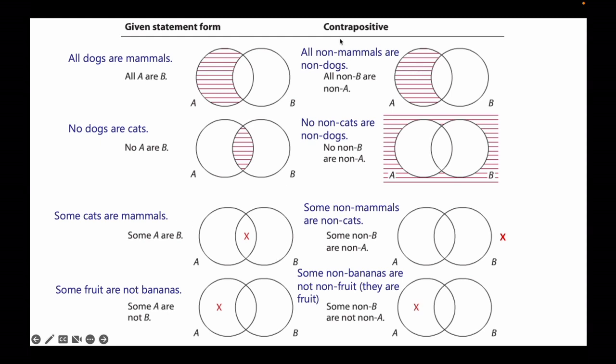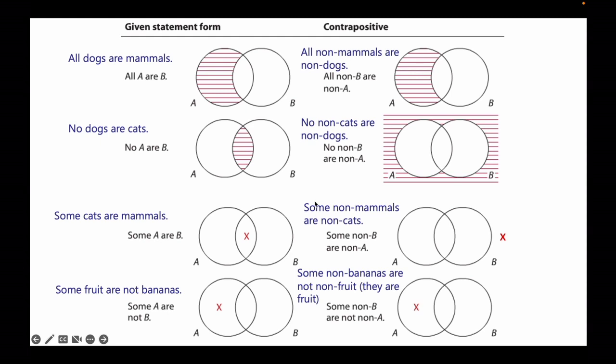But when I perform the contraposition, remember I have to say that some non-mammals are non-cats. Now, why do I place an X outside in area 4? Because, remember, you place the X where it calls for it, in a sense.